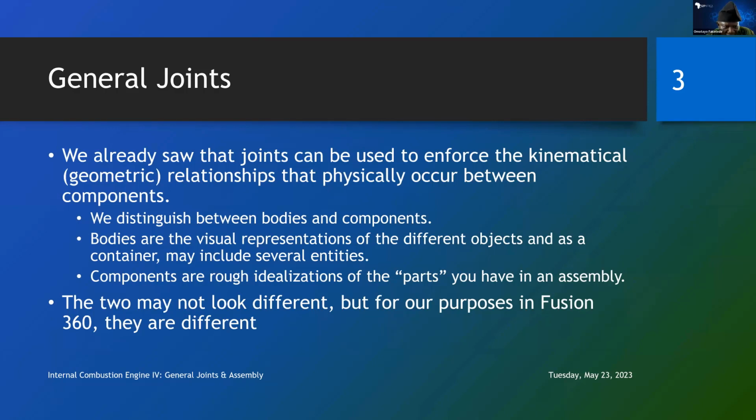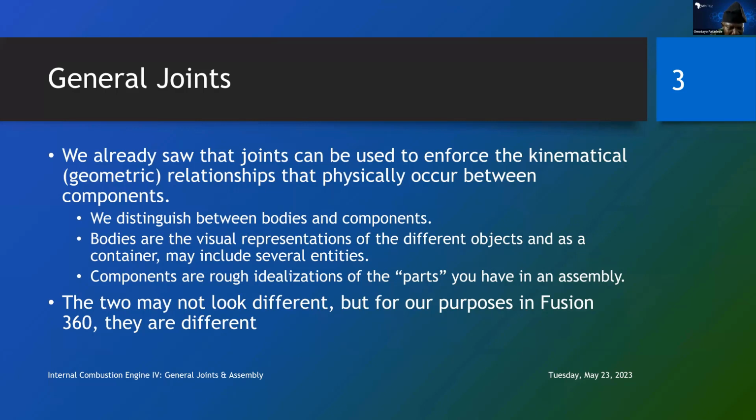They are a rough idealization of the parts you have in an assembly. They may not look different to you, but Fusion 360 treats the two completely differently. It is only in components that you can create relationships. You cannot create relationships in bodies. Bodies are just dumps. Just dump a body there and it is there. It doesn't really do anything and there's nothing you can really do with it.